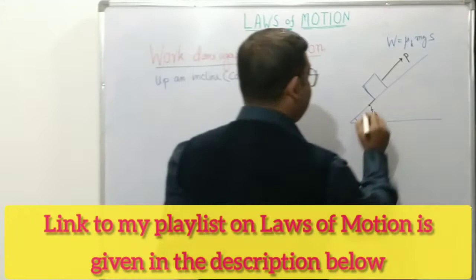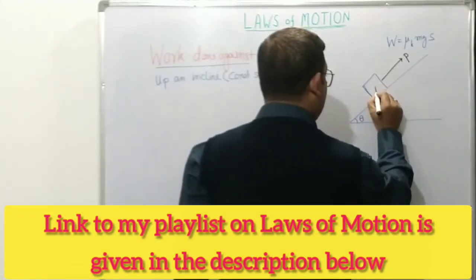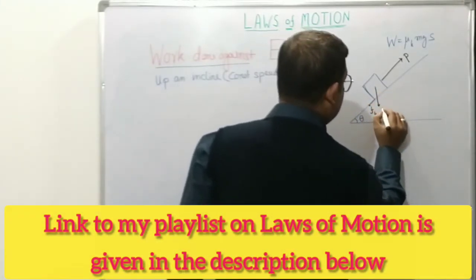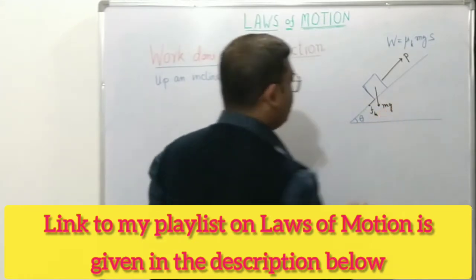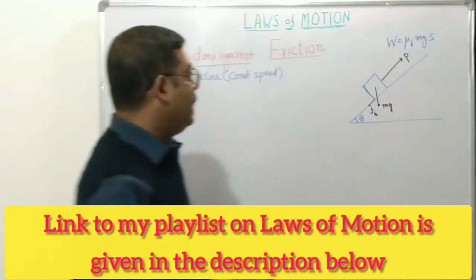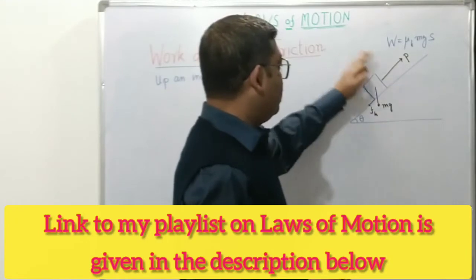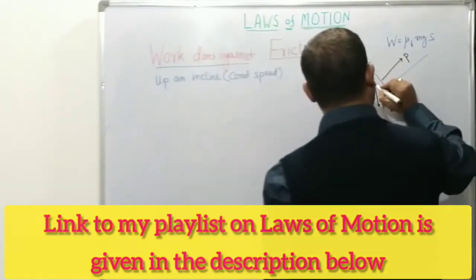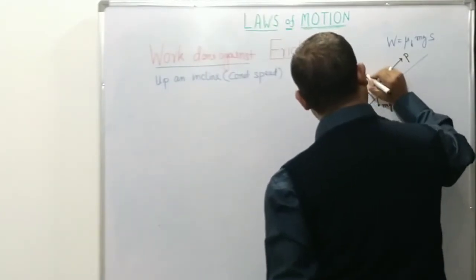Then there will be a downward force, which is mg, the weight of the mass, and then perpendicular to the incline there will be a force which is the normal reaction, or the reaction force of the plane.